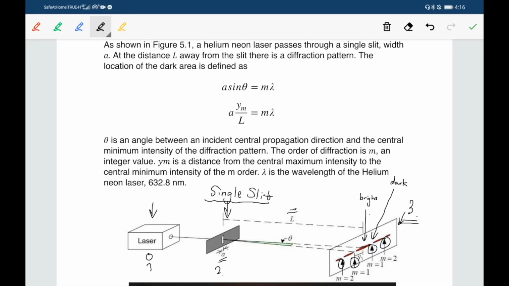So the location of the dark area, this black area, is defined by this function. a is the width of the single slit.